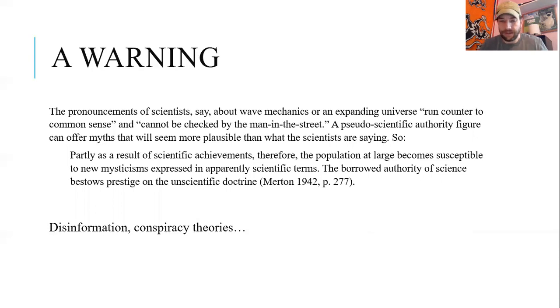That creates a situation in which pseudoscientific authority figures can borrow the authority of science, he says, for what they say. And so you can get all these quacks and mystics and captains of disinformation saying just a bunch of crap. But it has the patina of looking scientific. And look, the real science looks crazy enough to begin with.